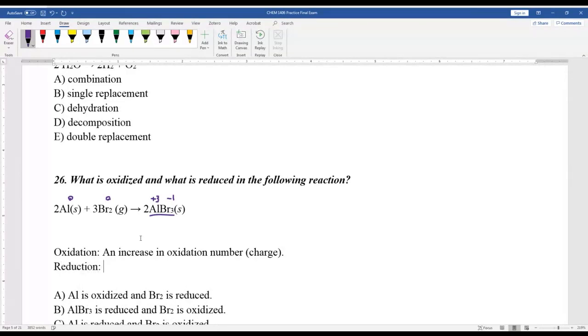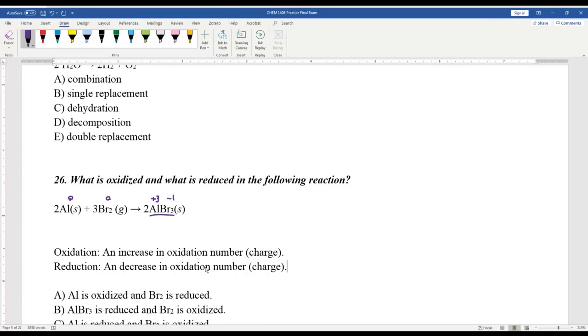Reduction is not an increase, but a decrease in charge, or a decrease in oxidation number, which is typically equivalent with charge. So that's the easiest way to think of it.